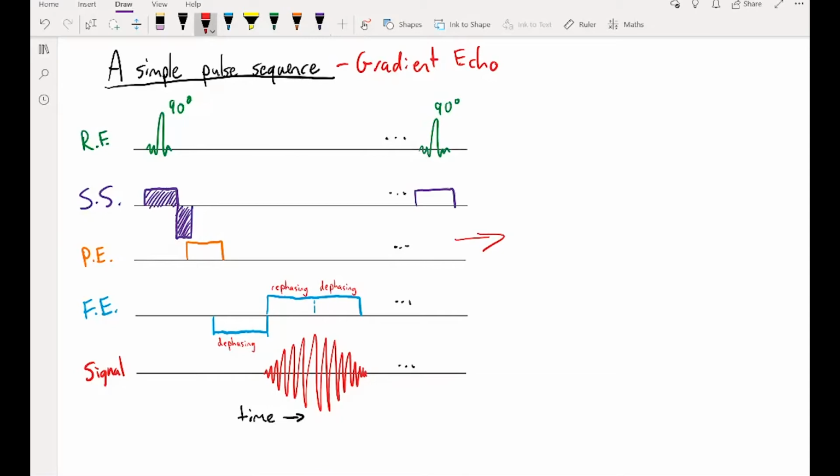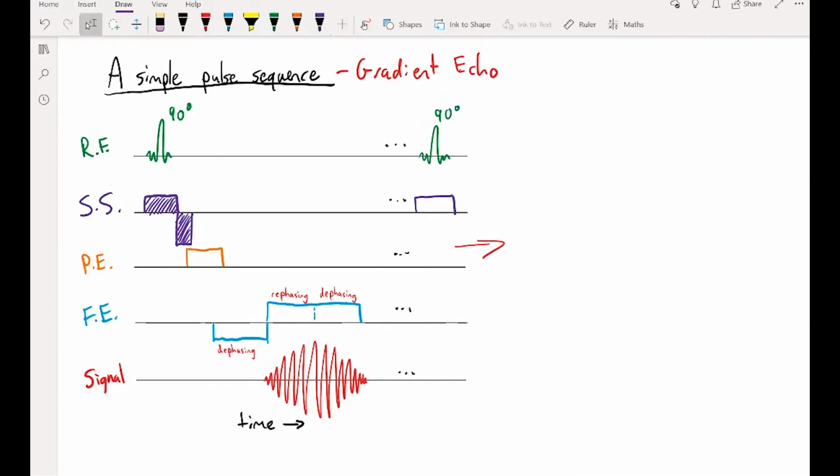And there's a couple key parameters, I guess, to mention here. That is TR and TE, which if you've been exposed to MRI, you've probably run across those abbreviations. So let's dig into them. TR, first of all, stands for repetition time. So we'll start making notes over here. And TR is the amount of time between these 90-degree pulses, the amount of time that you wait until you repeat the pulse sequence.